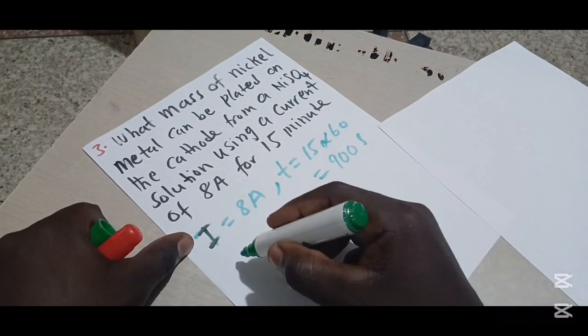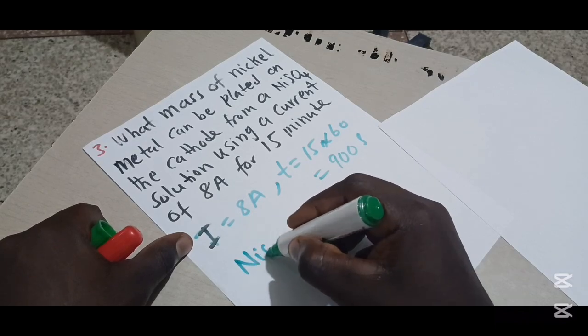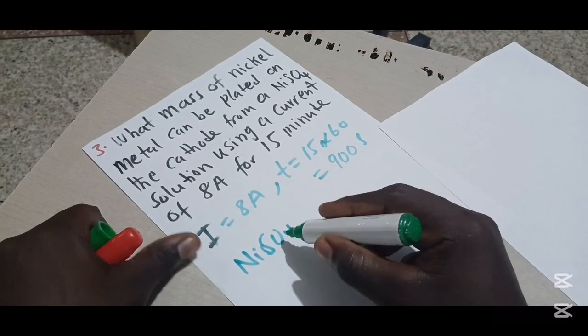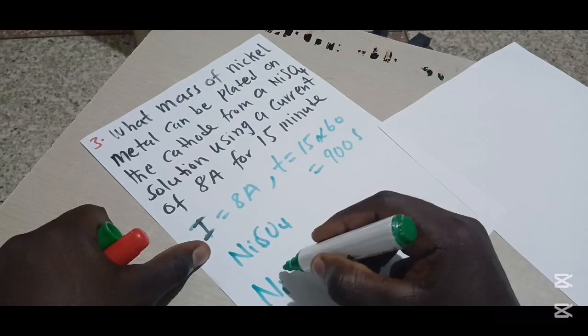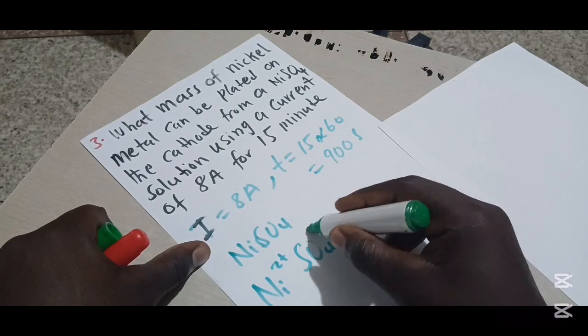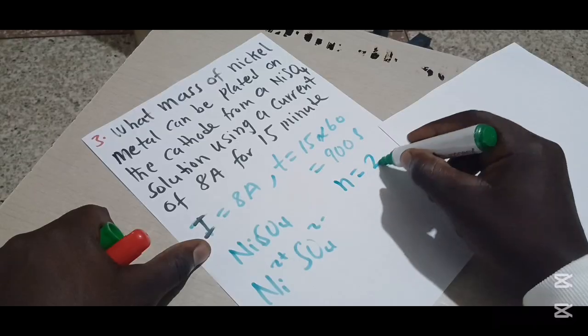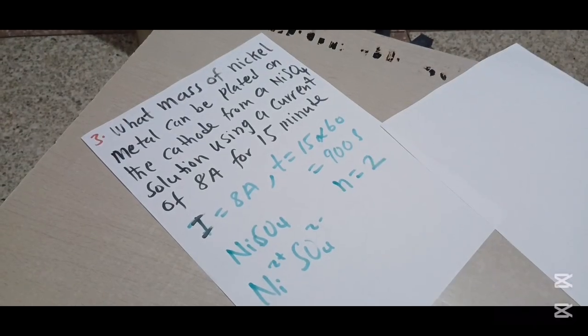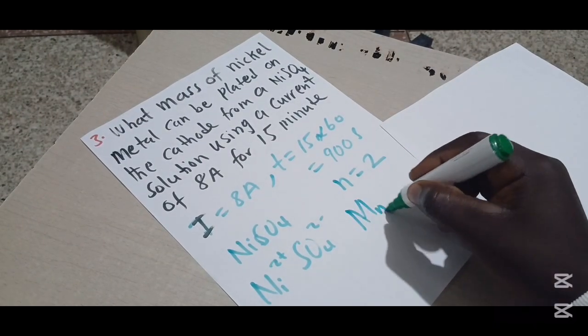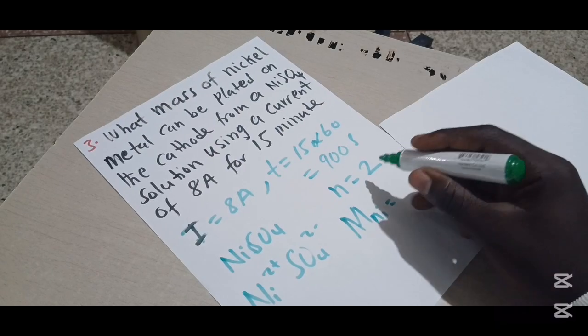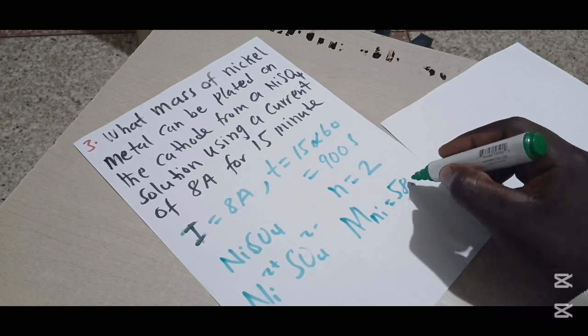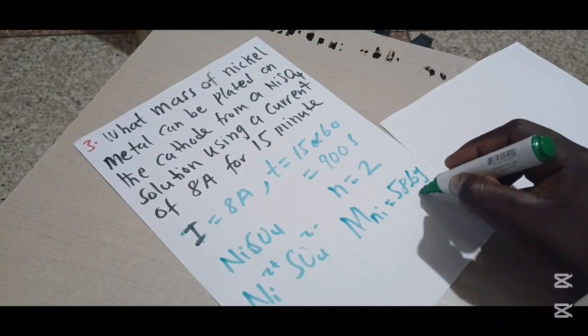We can get our n when we are looking at nickel sulfate. If we break this into ions, we are going to get Ni 2 plus and SO4 2 minus. So our n is 2. Molar mass for nickel equals 58.69 gram per mole.